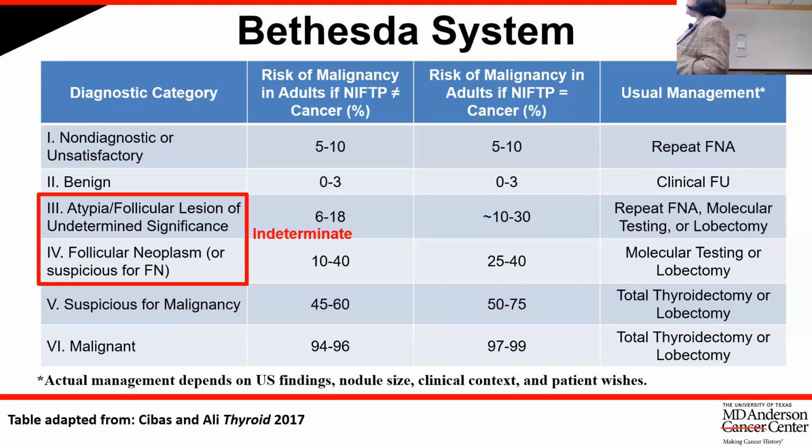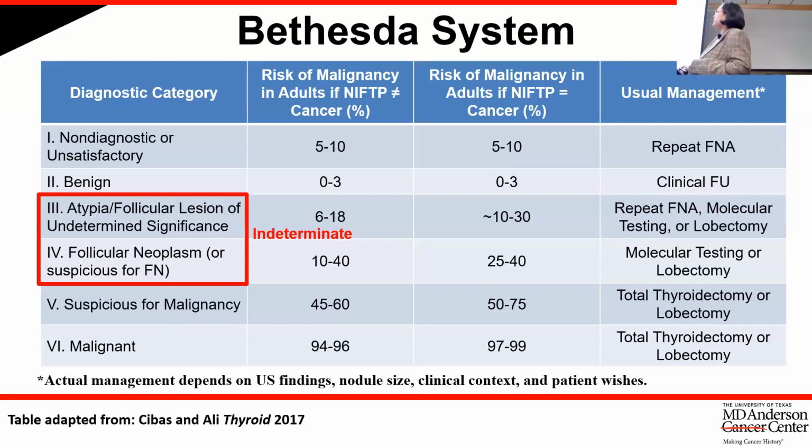And 3 and 4 are the indeterminate ones, also known as a follicular lesion of undetermined significance, or also some people call it AUS, or atypical cells of undetermined significance. Then there's a follicular neoplasm, or it comes as suspicious for follicular neoplasm. So this comes in the indeterminate category.